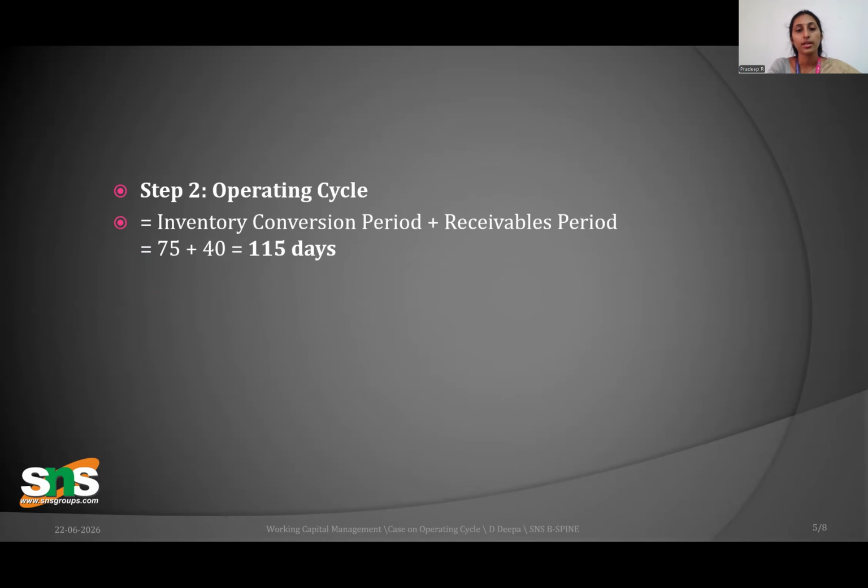I already mentioned that receivables is your collection, and that is 40, given in your financial data. So 75 plus 40 gives 115 days, and that is the solution for your operating cycle.